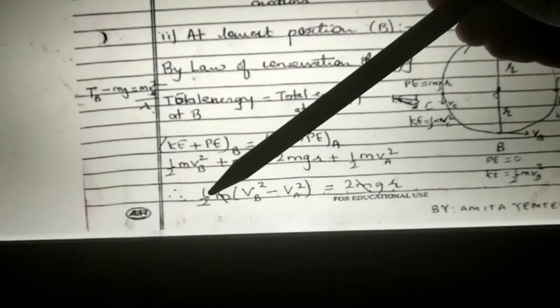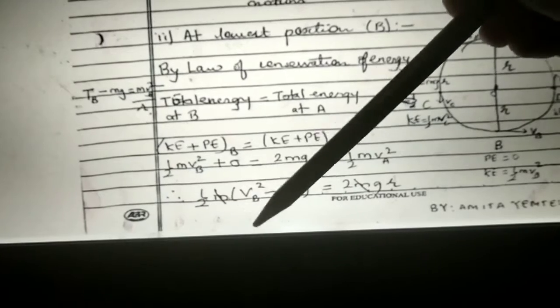Now take this kinetic energy term over here. When it goes to the left side, half m will come common. In the bracket you will write vb square minus va square, and that equals this term as it is, 2 mgr. Now m and m get cancelled.